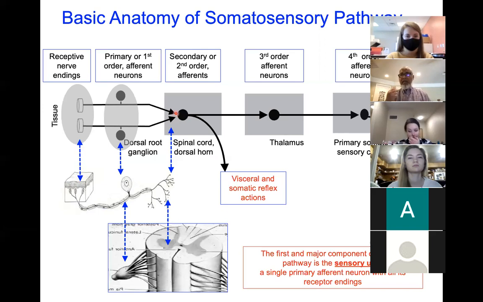So if there is a gap, an anatomic, structural discontinuity between one neuron and the other, there is a special way for the signal to transmit from one neuron to the other through this gap. That process is called synaptic transmission, and that is a chemical transmission. There are some electrical ones as well, but mostly there is chemical transmission of the signal from one neuron to the other.